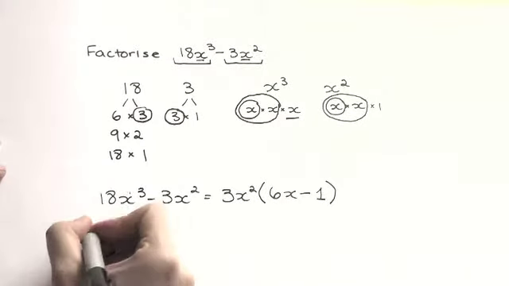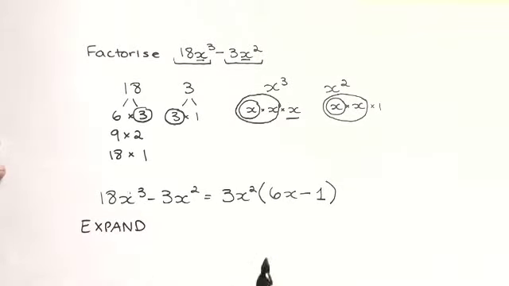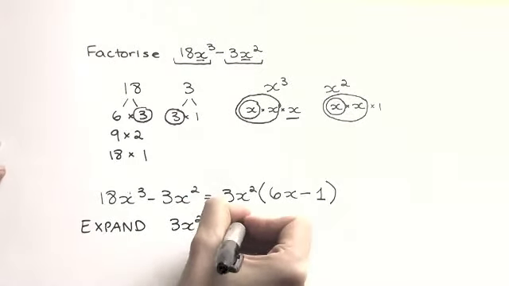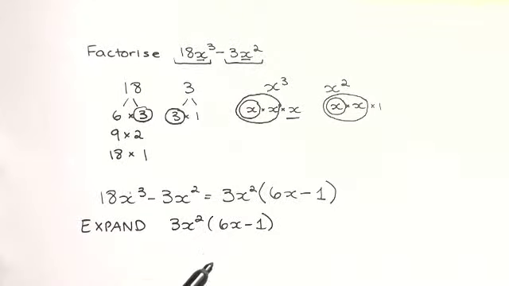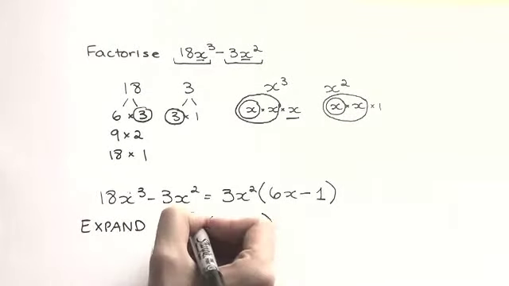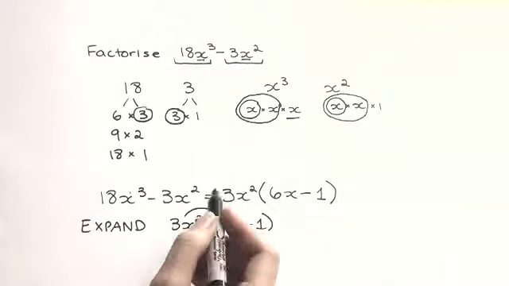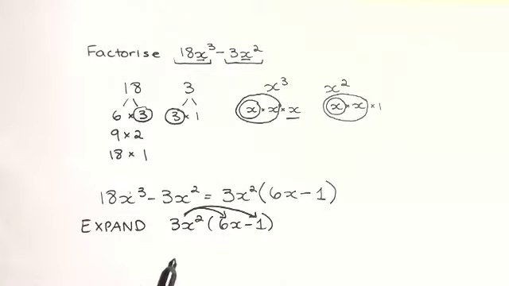The opposite of this might be, it says, okay, that's great. Now expand 3x squared times 6x minus 1. And these are very much linked, you'll see. If we expand this, we want to multiply both of the components in our brackets by this outside part here.